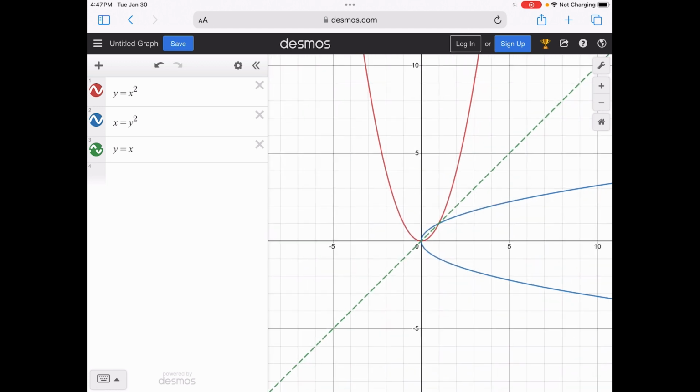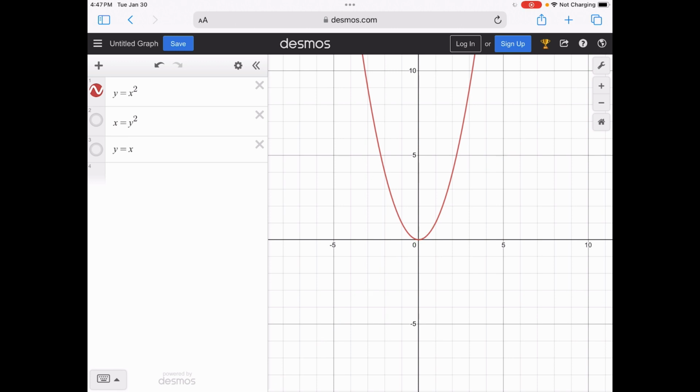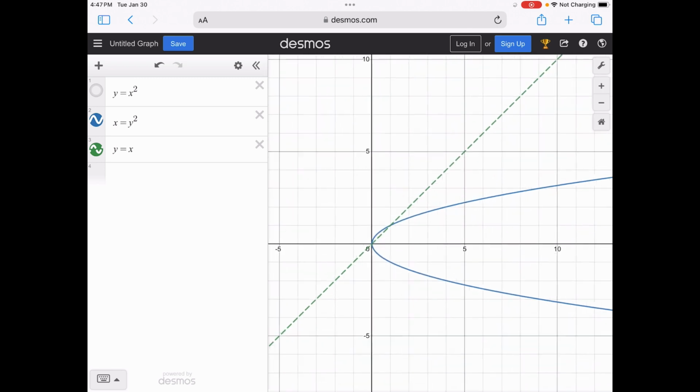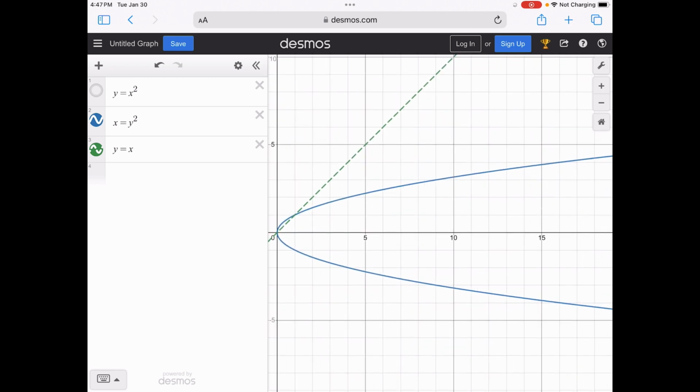And so you can see here, if we look at y equals x squared, and then reflect it across the line y equals x, in other words, finding its inverse, we end up with this, which is no longer a function. We can see at one x value, almost everywhere we look that's greater than x being 0, we get two outputs. Now again, Desmos lets us put in this x equals y squared.